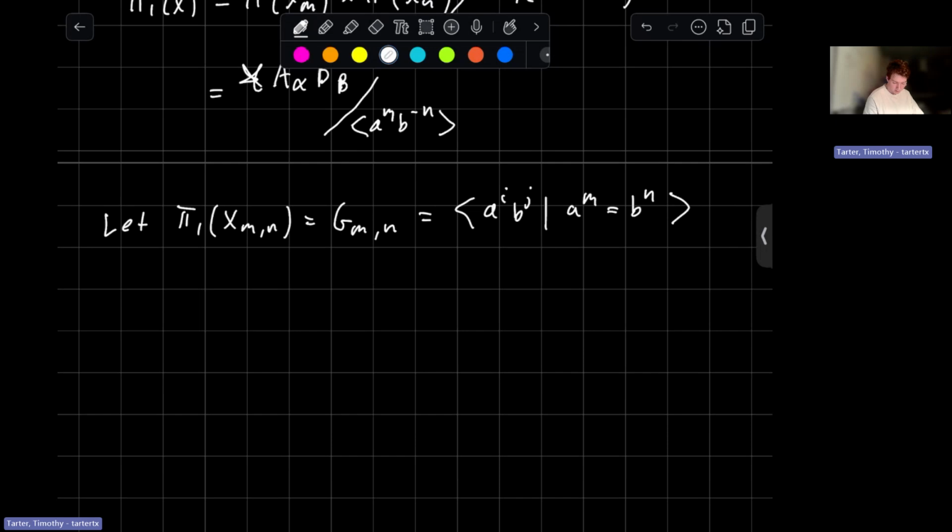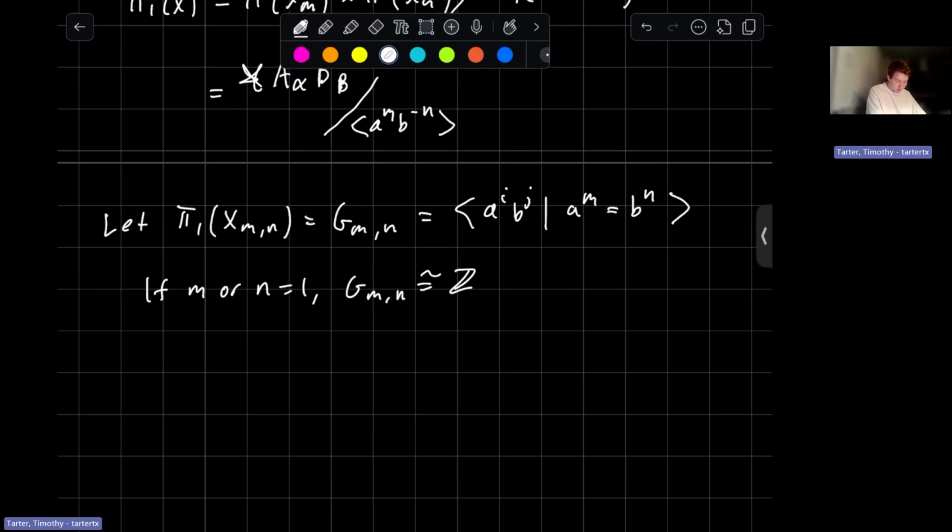If m or n is 1, then Gmn is isomorphic to Z, since in these cases the relation just expresses one generator as the power of another.